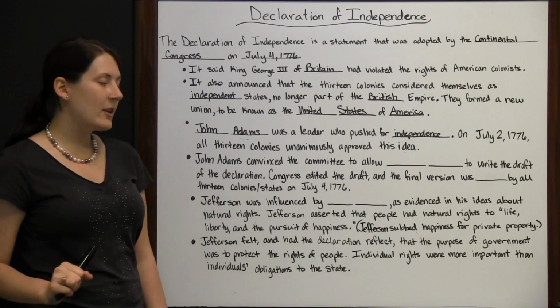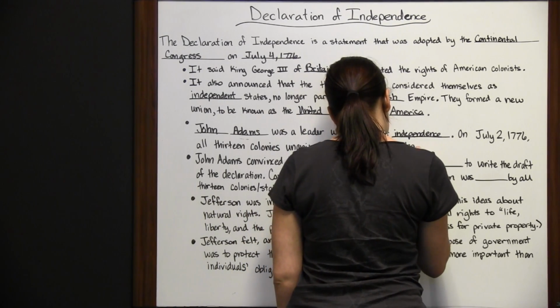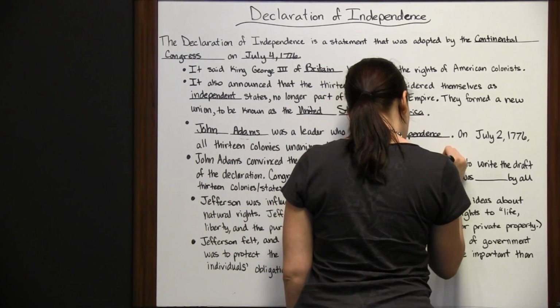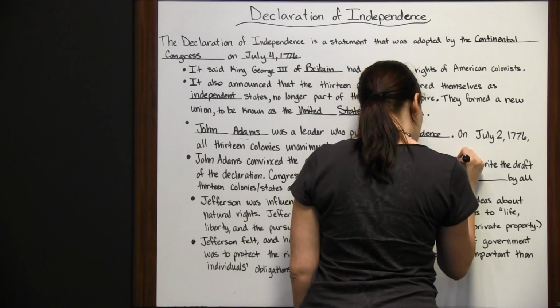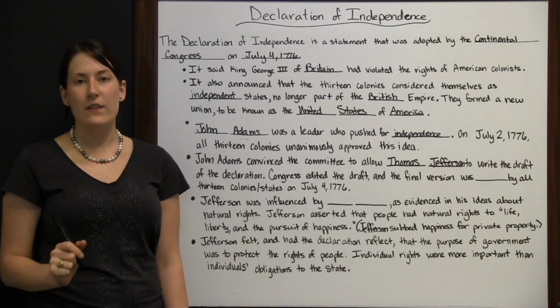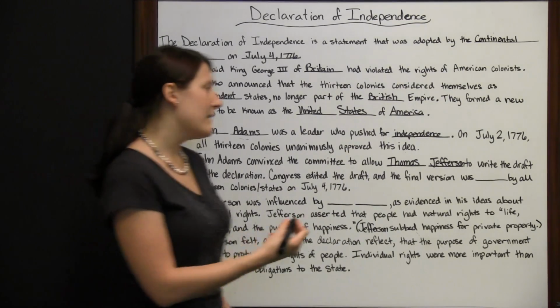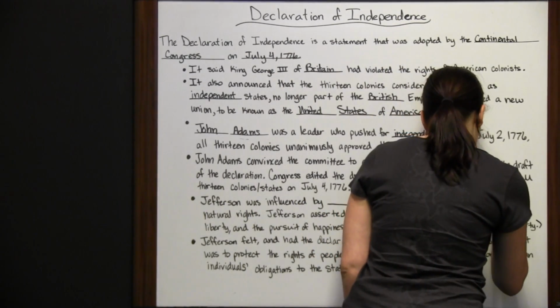John Adams convinced the committee to allow Thomas Jefferson to write the draft. So Thomas Jefferson wrote the first draft of the Declaration of Independence. Congress edited the draft, and the final version was ratified, which means approved.